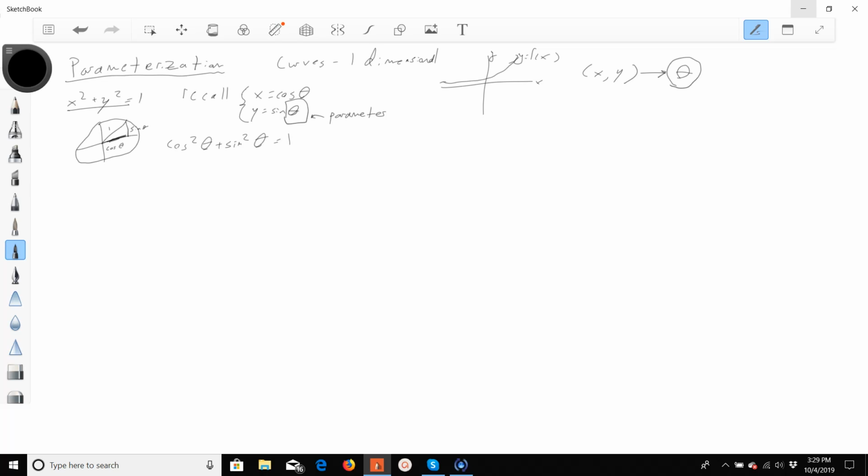But in our original xy description, only certain pairs of xy are on the unit circle. If I let x be like 5 million, I don't think there's any y that you could plug in and still get 1. Well, no, there wouldn't be.